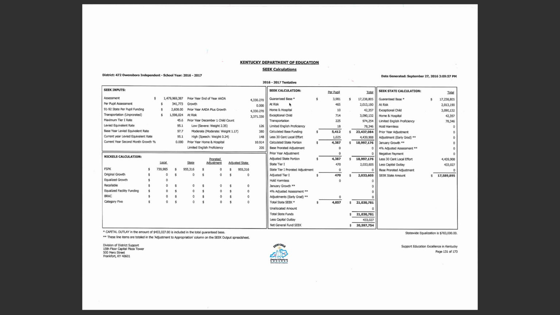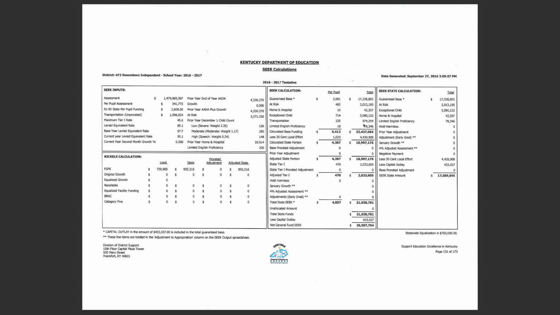And when you get to our budget assignment in this class, you're actually going to do a spreadsheet where you have to add these in, or the Excel spreadsheet will do these calculations for you. So you can see how in our district this changes from our base funding of $17.2 million to $23.4 million.